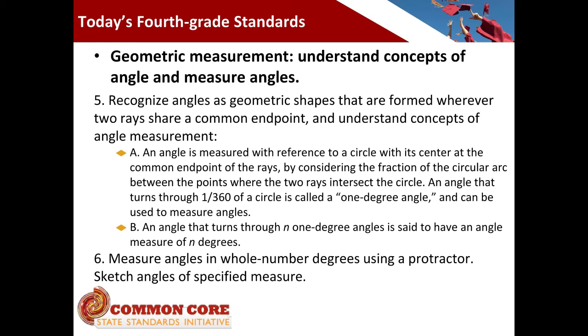And so that's another vertical coherence piece where you'll see that in many of these geometric measurement instances, we first define what the measurement's going to be, and then we talk about whether or not it's additive, whether or not there's a process we can use to look at angle measures that might be difficult to work with, or if we want to combine two angle measures.